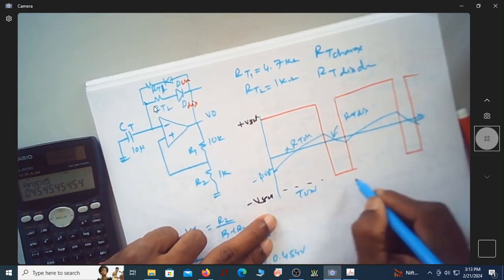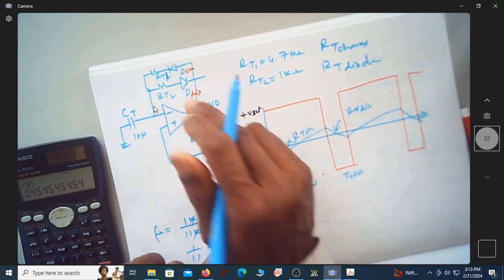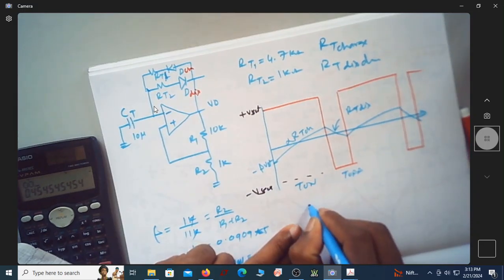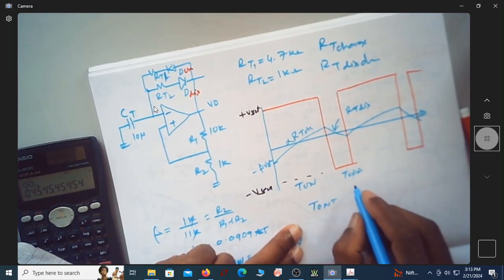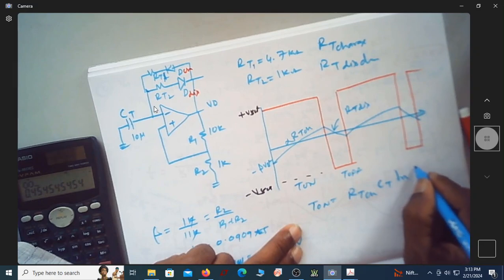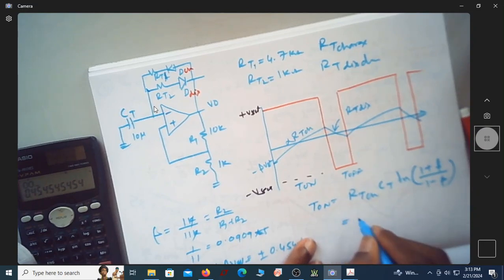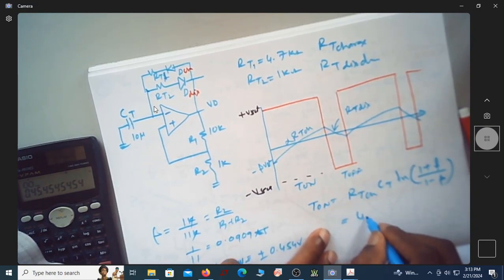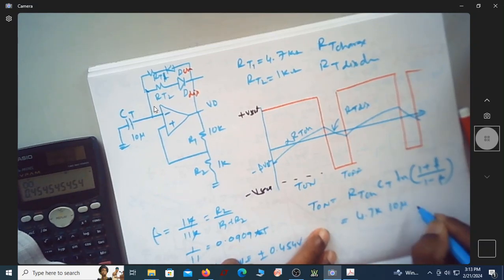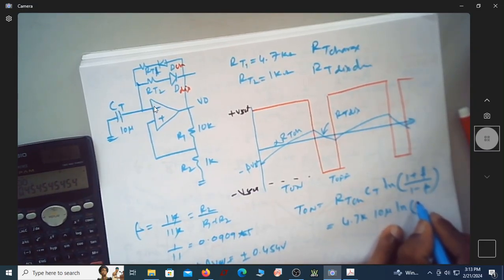So this is T on, T off, neglecting the diode on resistance and treating it as ideal. What is the T on expression? It is RT charge into CT ln of (1 plus beta) by (1 minus beta). So it is 4.7K into 10 microfarad, ln of 1 plus 1 by 11 over 1 minus 1 by 11.